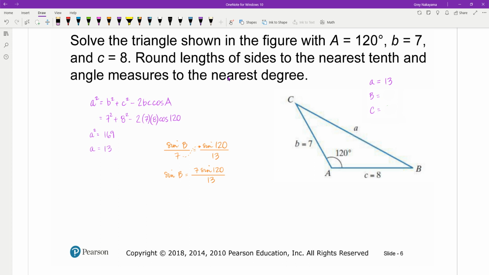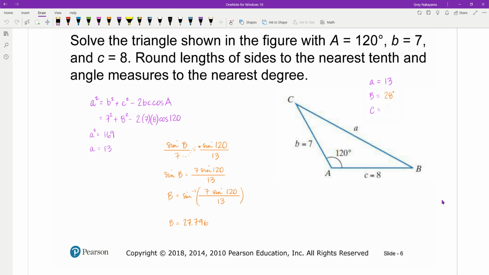And I told y'all when we use the law of sines that whenever you're looking for the angle, that's this button on your calculator, sine to the negative 1, the inverse sine of all of that. And when you put it in, you're going to find that B is equal to 27.96. So we round that to 28.